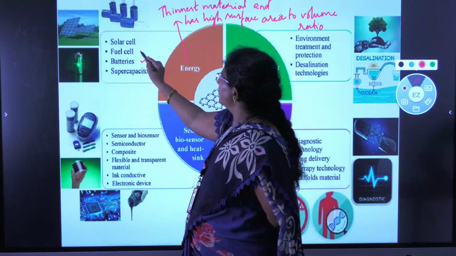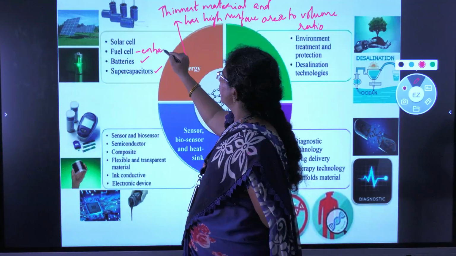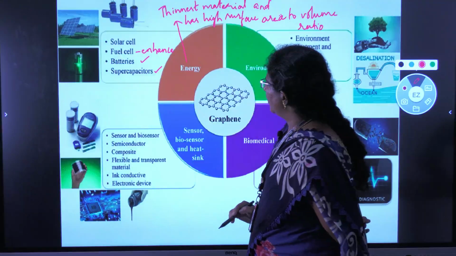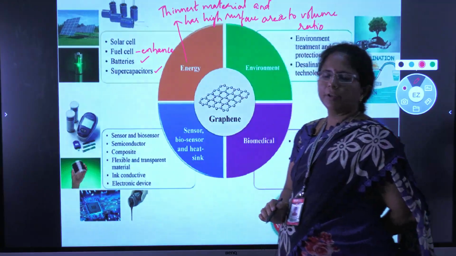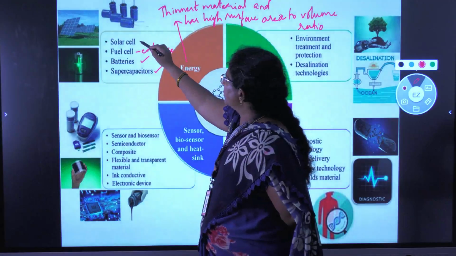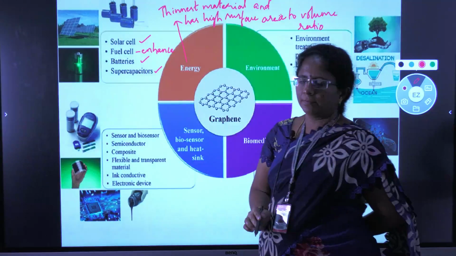Graphene can also be used to enhance fuel cells. As earlier I told you in the properties, graphene can produce electricity using sunlight. So graphene can be used in solar cells.